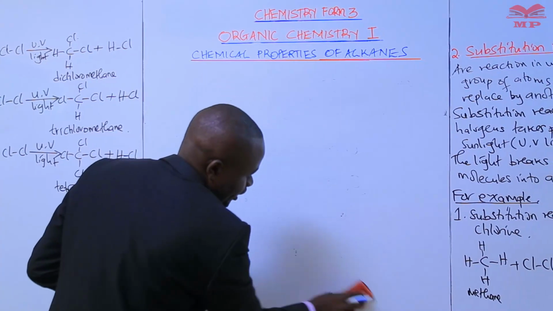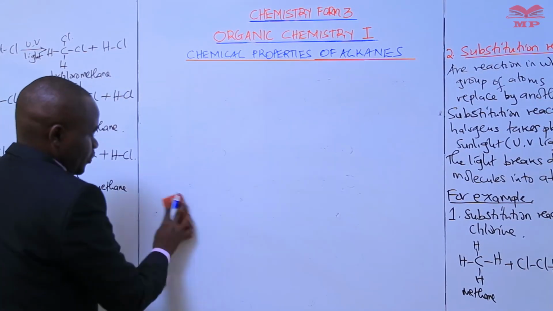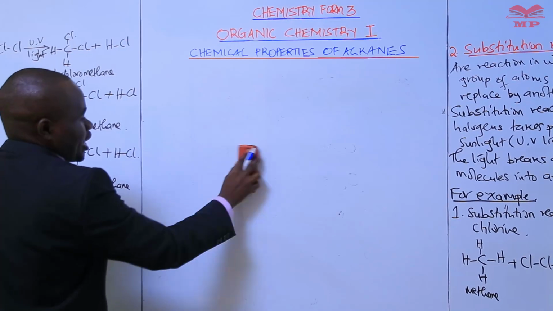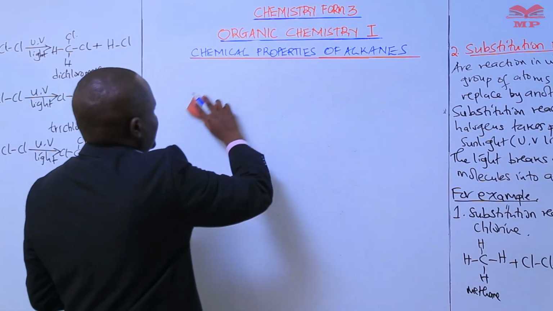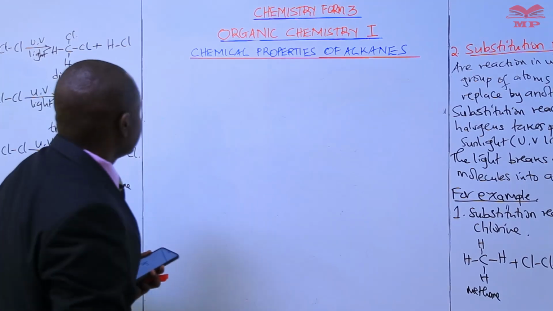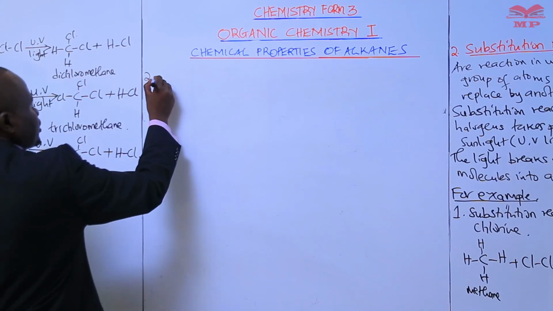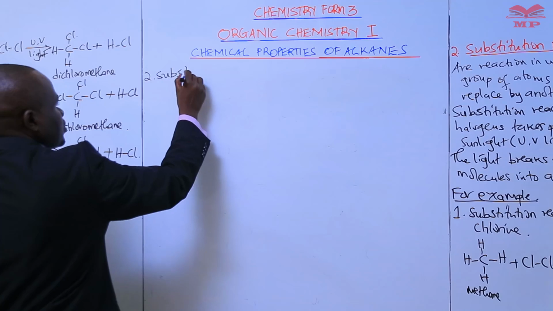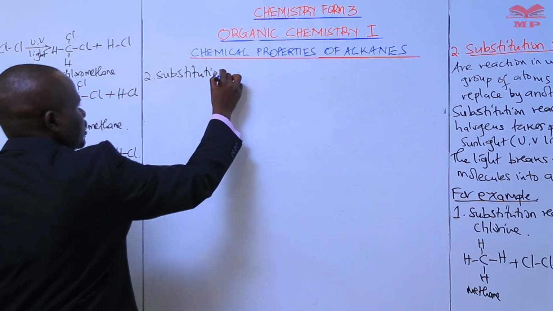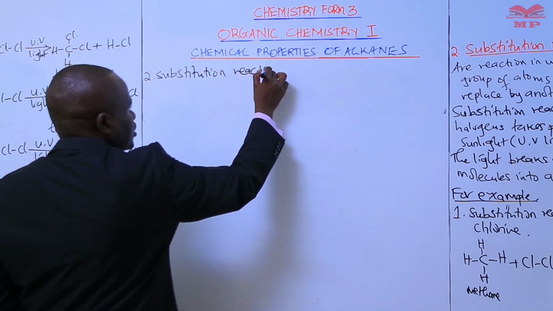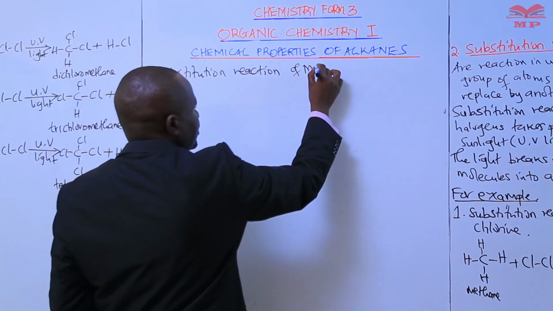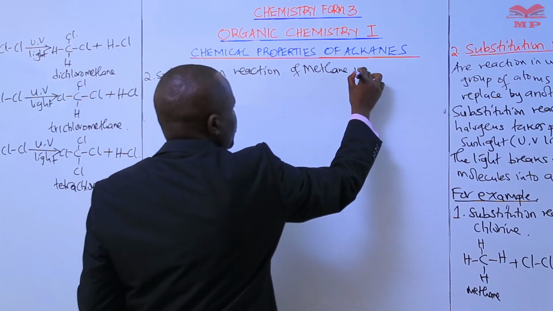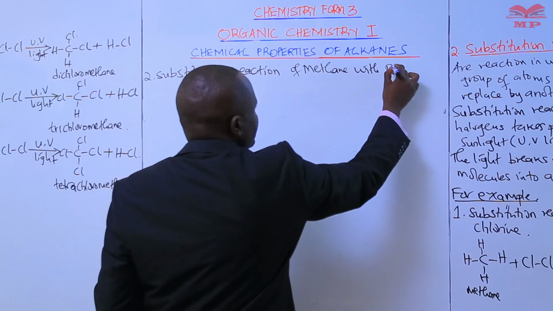Remember, bromine is also a halogen, and we know very well each halogen molecule has 2 atoms. So second is the substitution reaction of methane with bromine.